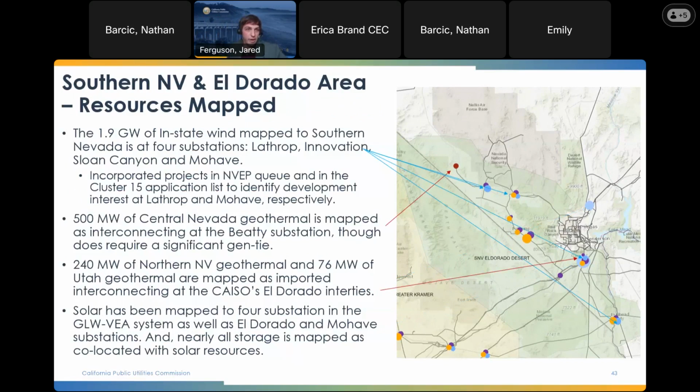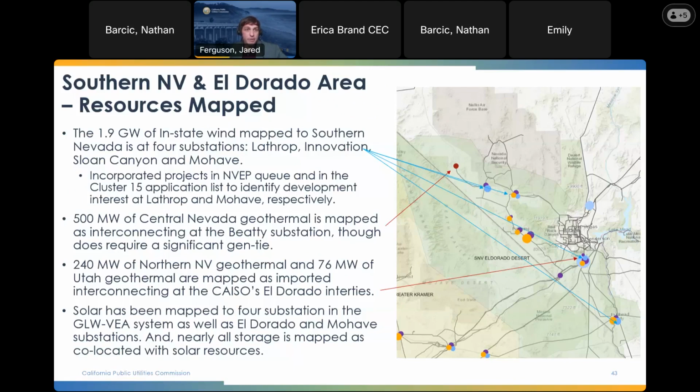We have just under 2 gigawatts of in-state wind mapped to this Southern Nevada area, and it's mapped to 4 substations, 3 in that GLWVEA area in Southern Nevada, and then one substation, the 500 kV Mojave substation down on the Nevada-Arizona border.